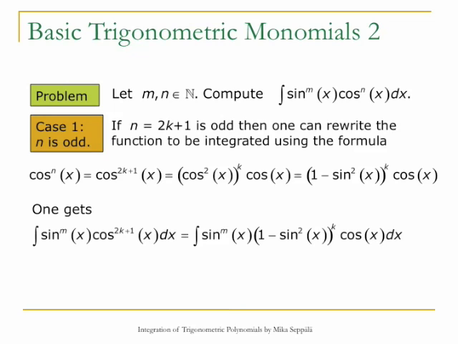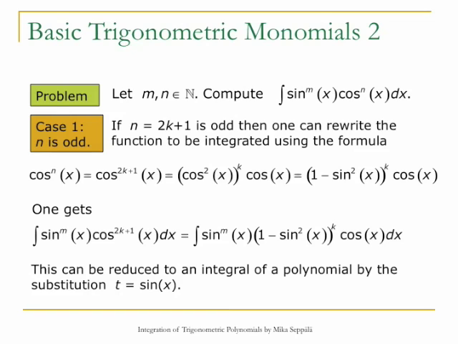And if one performs this rewriting, the integral of sine to the power m x times cosine to the power 2 times k plus 1 x dx becomes the integral of sine to the power m x times 1 minus sine squared of x to the power k times cosine of x dx. And this last integral can be computed by the substitution t equals sine of x, because then dt is just cosine of x dx, and then the integration becomes the integration of a polynomial in t.